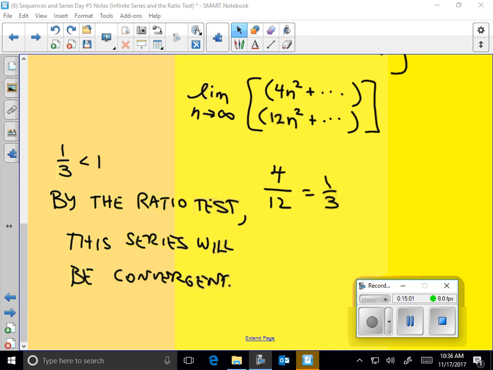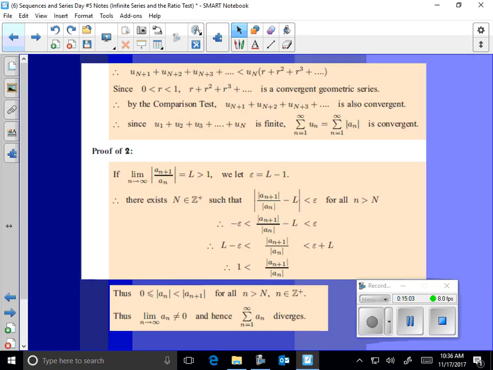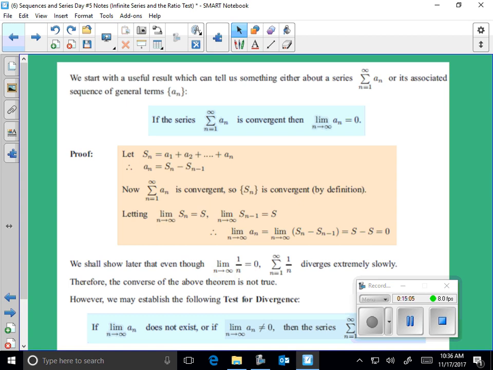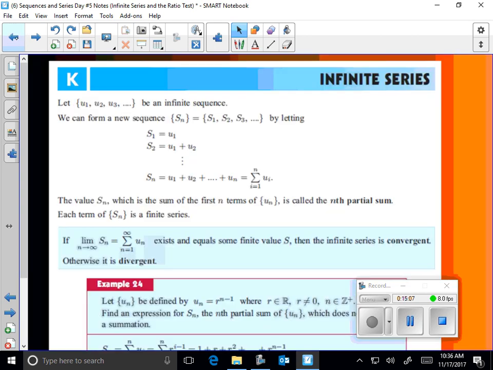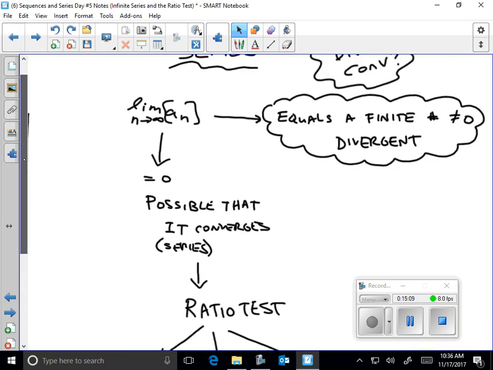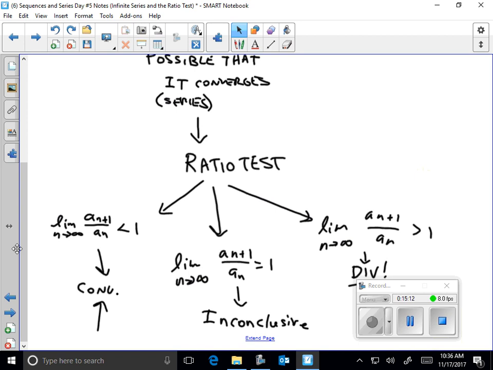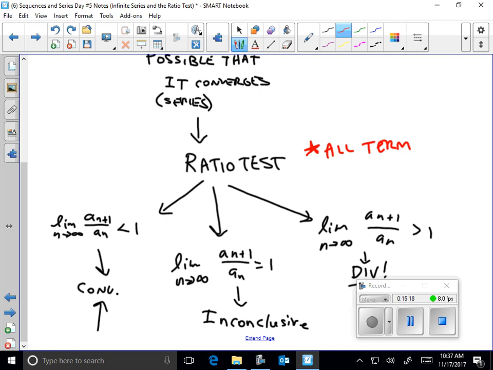Okay, so let me go back to the flow chart here for a second. I forgot to do that originally. There we go. In order to use the ratio test, there is a disclaimer. All terms are positive.